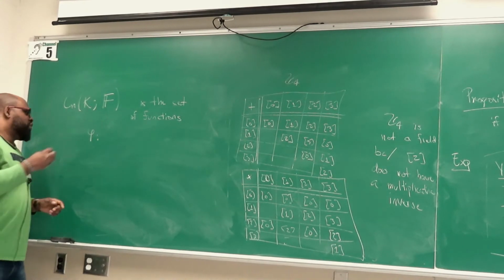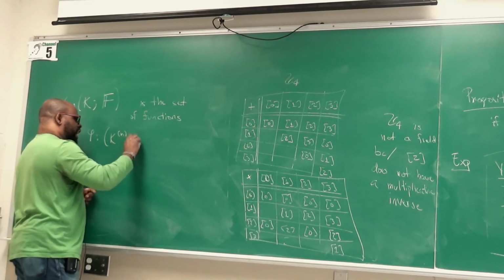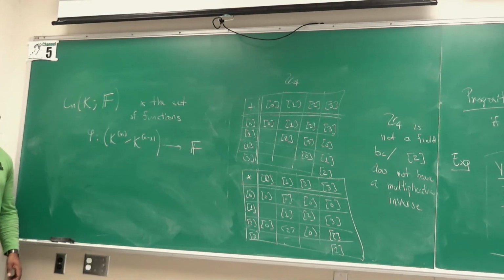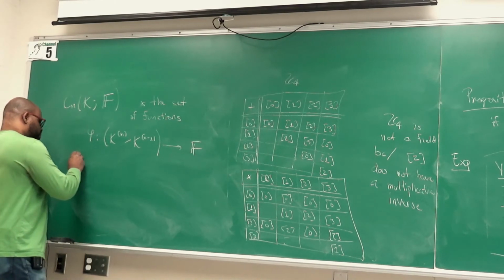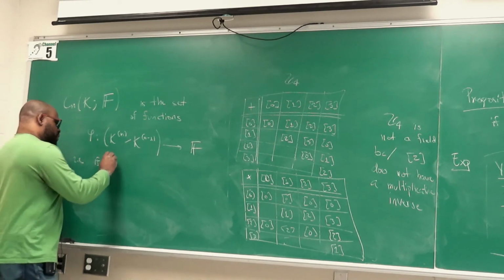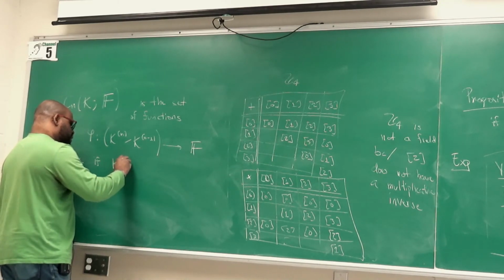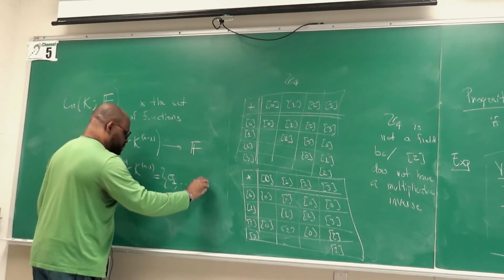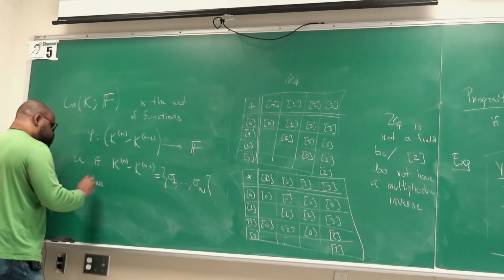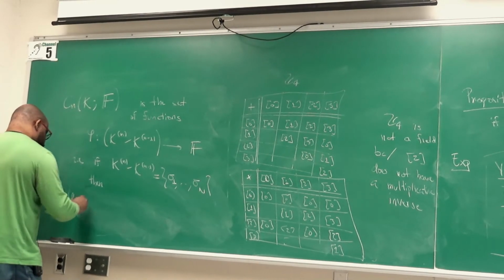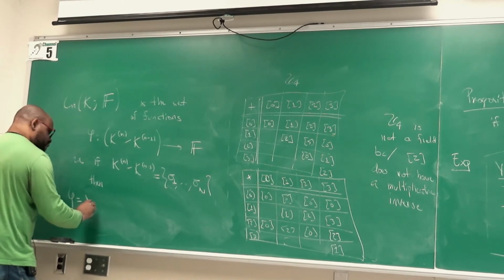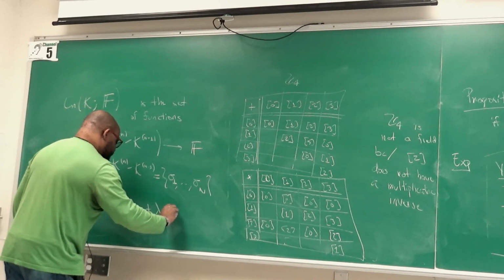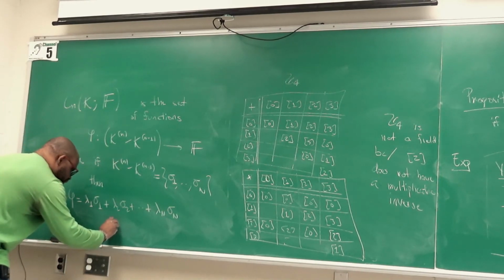Now over F, this is going to be functions from the n simplices to F. That is, if the n simplices are like this, then phi is equal to lambda 1 sigma 1 plus lambda 2 sigma 2 plus dot dot dot lambda n sigma n, where each one of these lambdas is an element in the field.